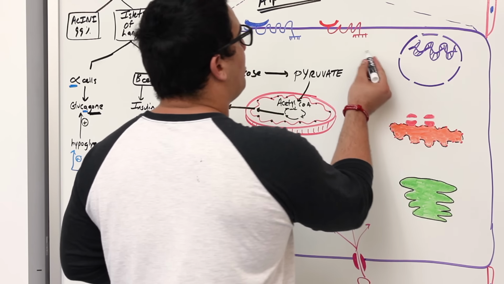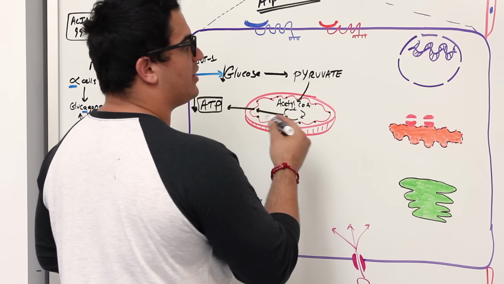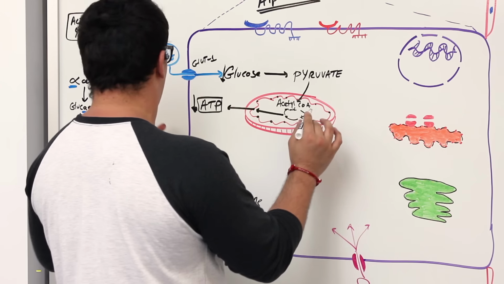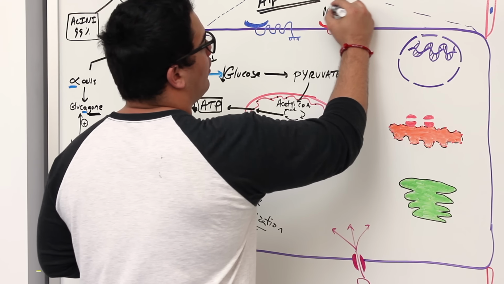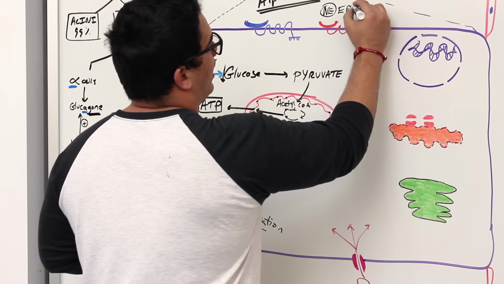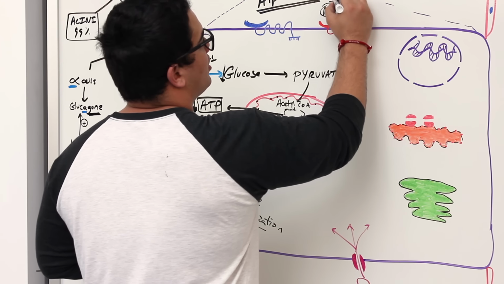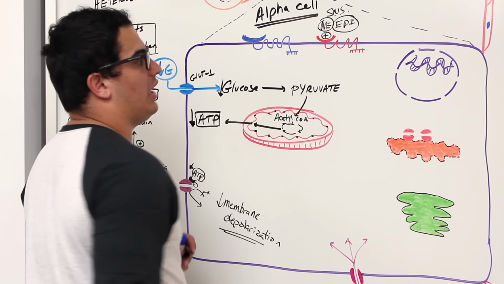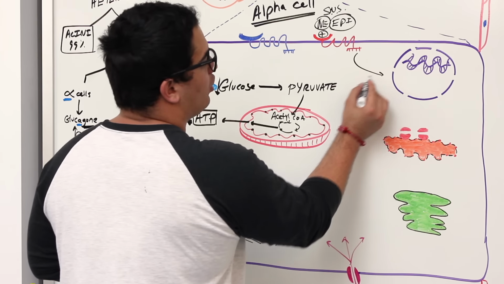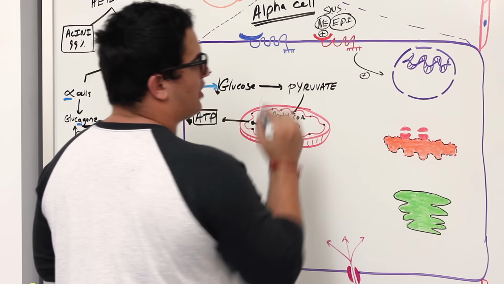Now there are other stimuli that can affect glucagon synthesis and secretion besides low glucose. One of them, they believe, is norepinephrine or epinephrine, so your sympathetic nervous system, SNS, can be a stimulator of glucagon secretion, okay? That's one mechanism.